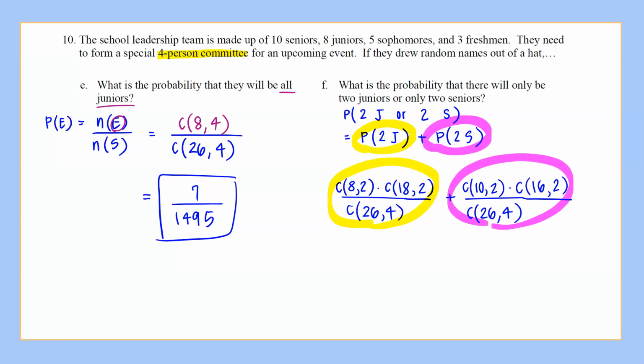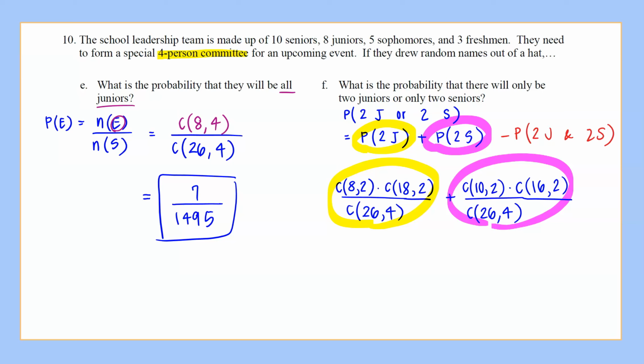However, I do have overlap in the 2 events. There are groups of 2 juniors and 2 seniors in the events I have circled. I have to subtract out the probability of 2 juniors and 2 seniors because I counted that group twice. In this grouping here, the first one, I could have had 2 juniors and 2 seniors.